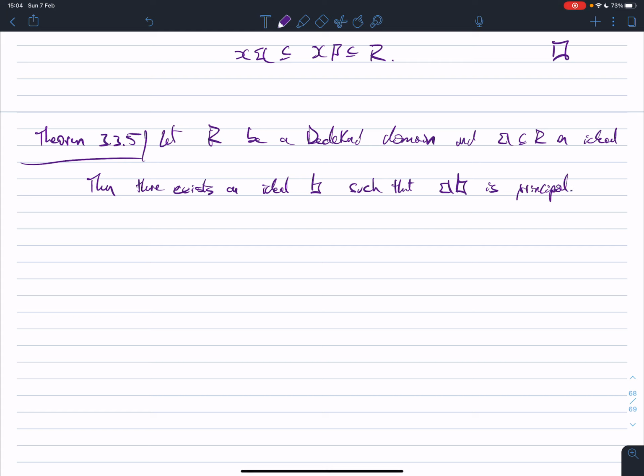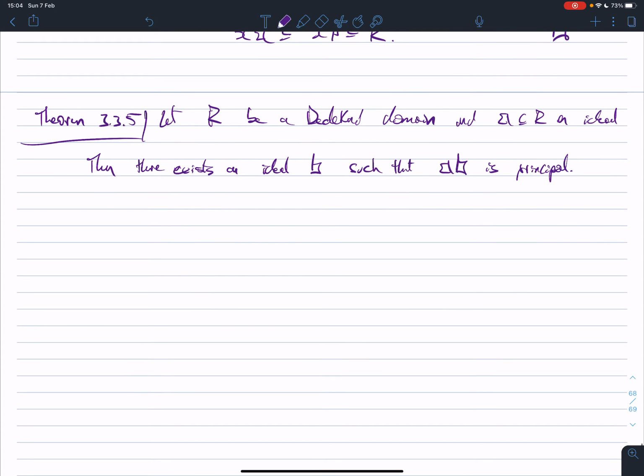So understanding when ideals are principal is going to be an important thing for us. It turns out that if all of your ideals are principal, then your ring has to have unique factorization. PID is a UFD. So this is something that we'll care about. But these technical lemmas that we had before actually allow us to prove this for general Dedekind domains.